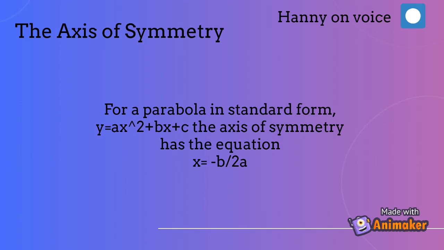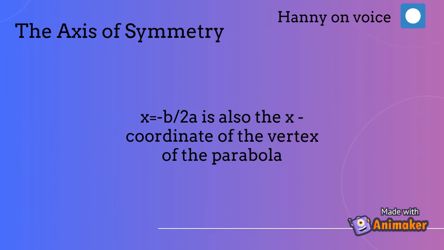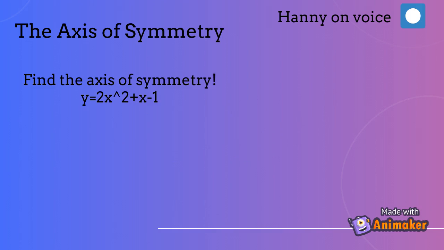For a parabola in standard form, that's y equals ax squared plus bx plus c, the axis of symmetry has the equation x equals negative b divided by 2a. You need to note that x equals negative b divided by 2a is also the x-coordinate of the vertex of the parabola.